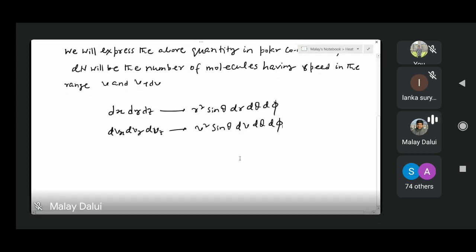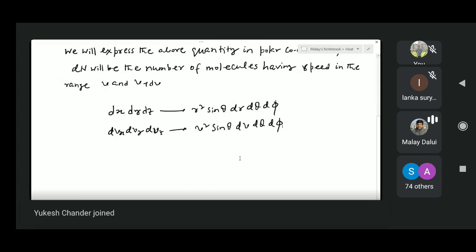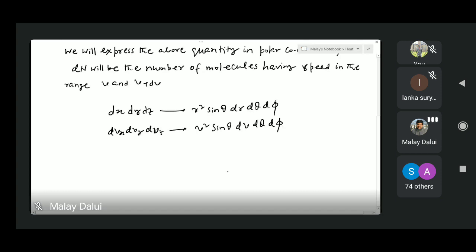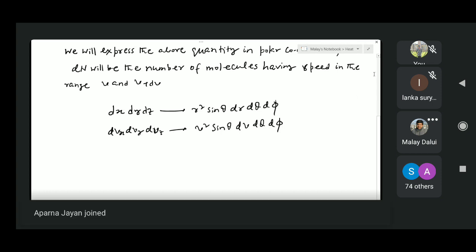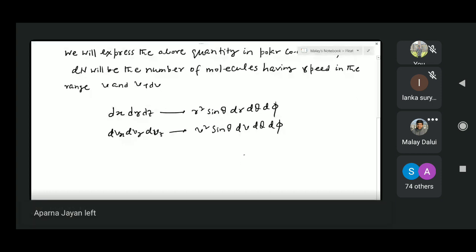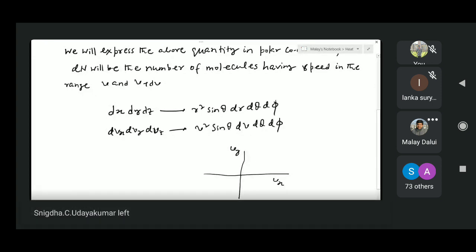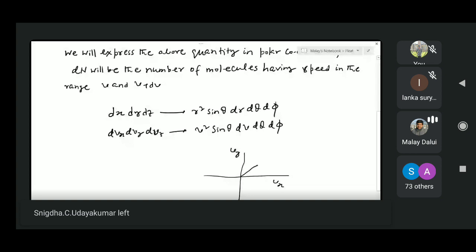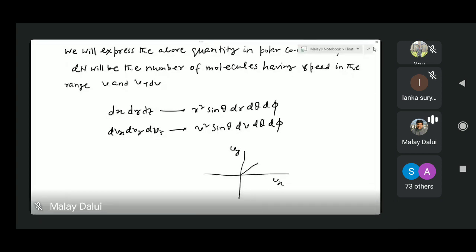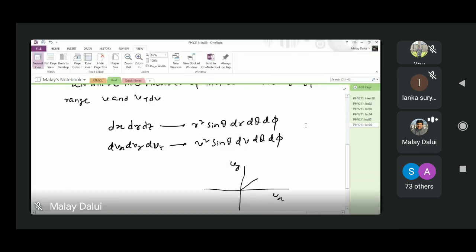So basically we have to integrate over all the angles. I'm drawing it in 2D. Let's say this is Vx and this is Vy, and the velocity is v, not the position. I'll take a different pen.